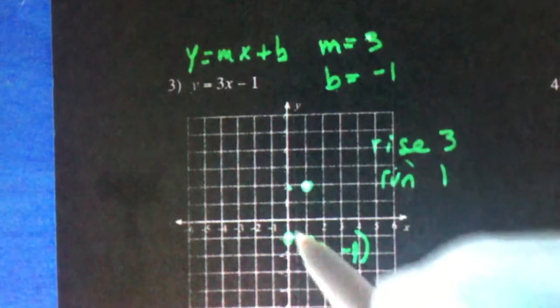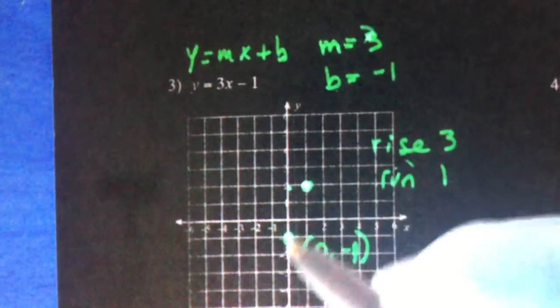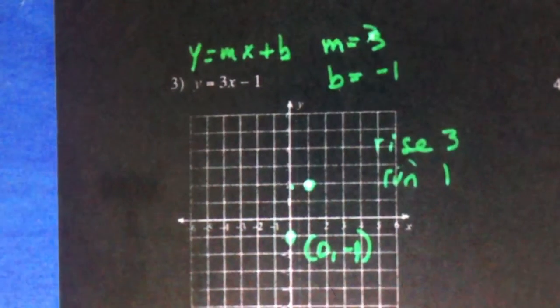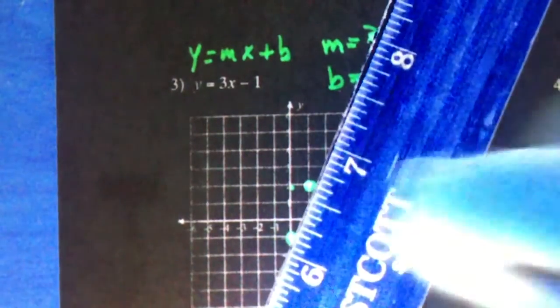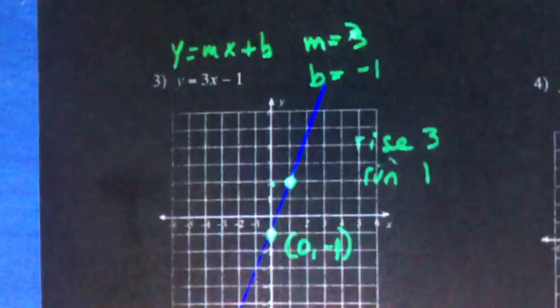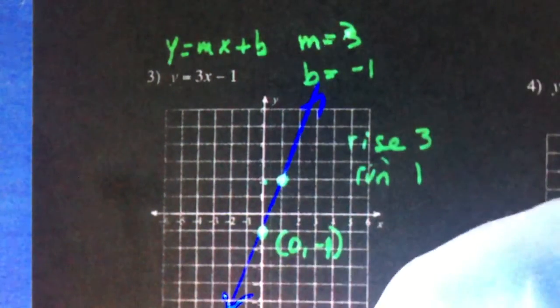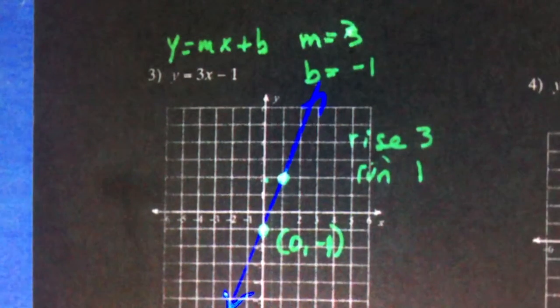It's up 3 and to the right 1. Get my trusty ruler and my trusty pens with all these different kinds of colors, and we can just extend that over. There it is, another line, infinitely extending off into space, ladies and gentlemen.